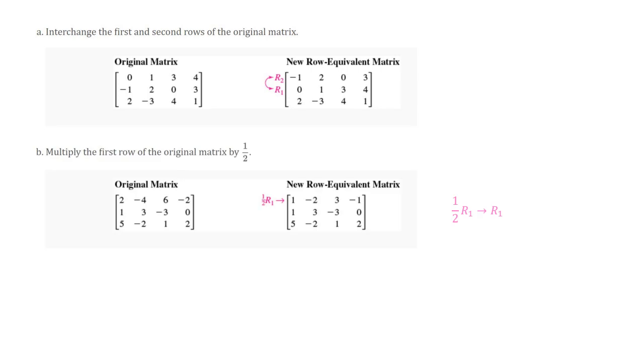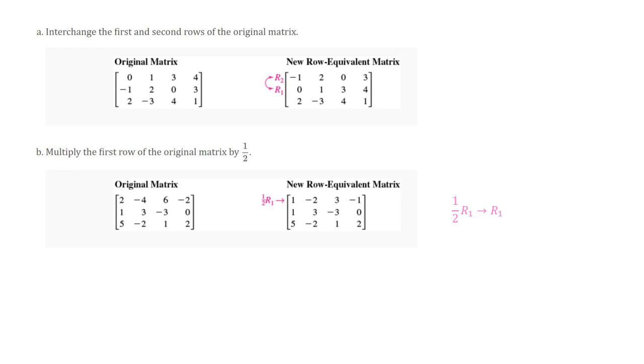Okay, so to give you an example of how we can multiply a constant to a row, let's say that my original row here is 2, -4, 6, -2. But because I want a 1 here in the first position, what I can do is multiply 1/2 to row 1, and the syntax is here.